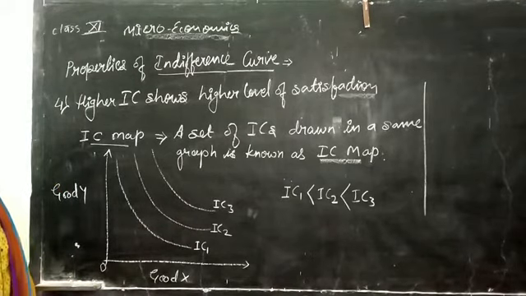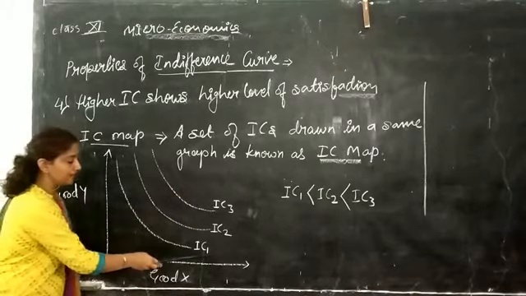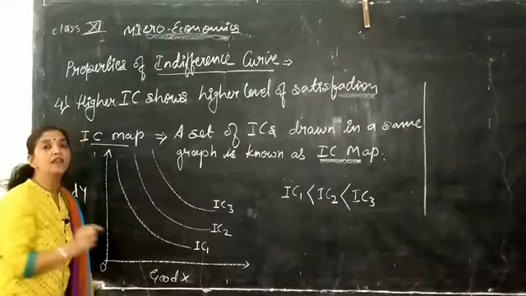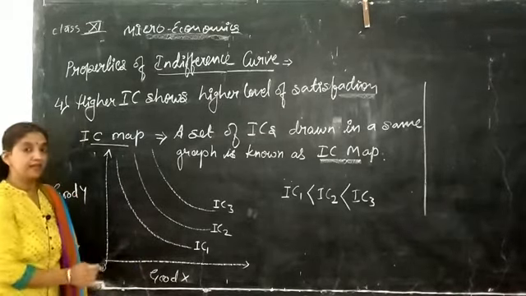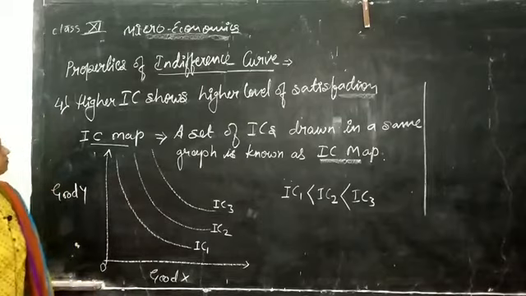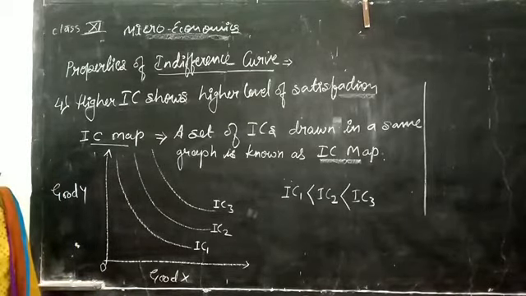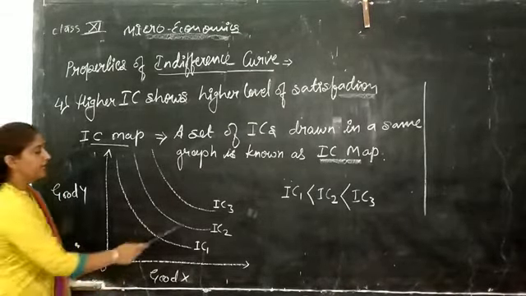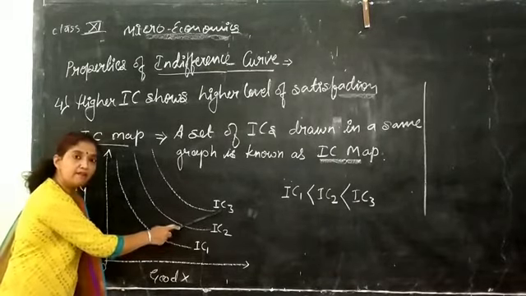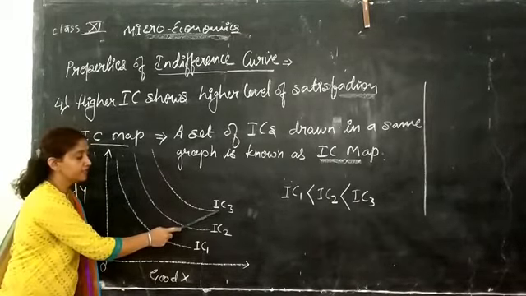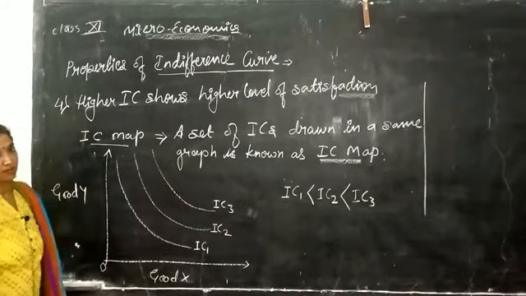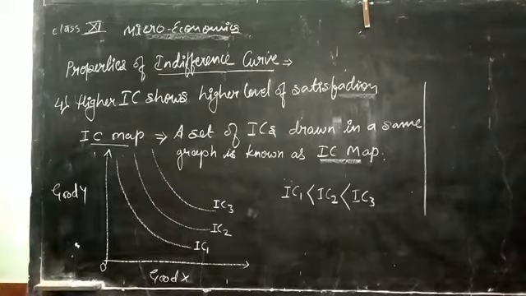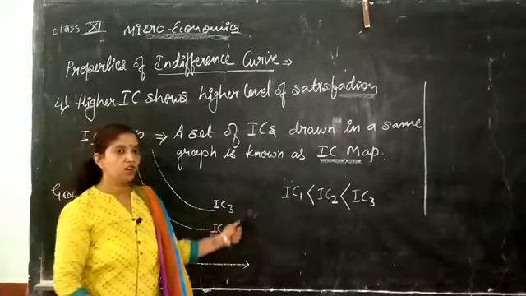So we can say in accordance with this property that the first indifference curve, that is IC1, is showing the lesser satisfaction level as it is lying at the lower position. And IC3 is showing the higher level of satisfaction as this indifference curve is at a higher position than the other curves. Here we can easily compare all three curves.